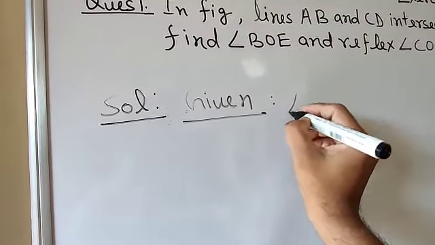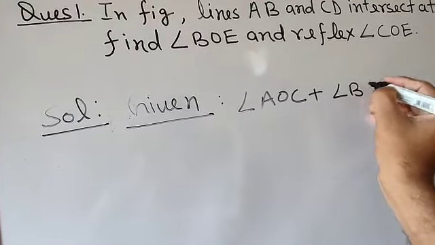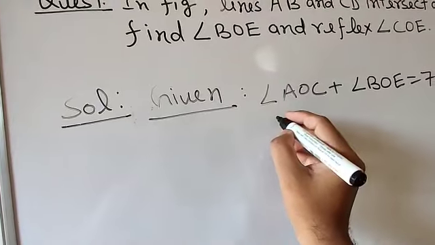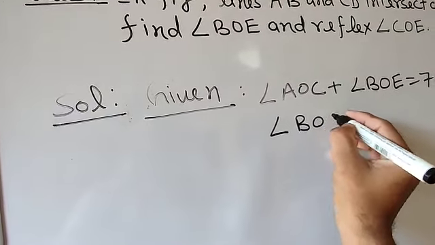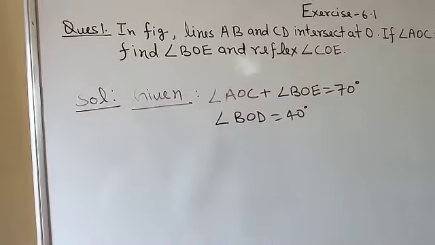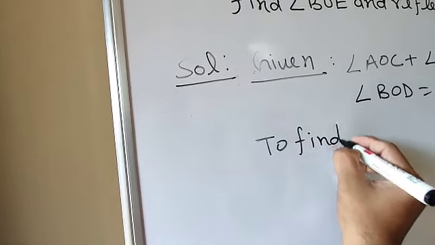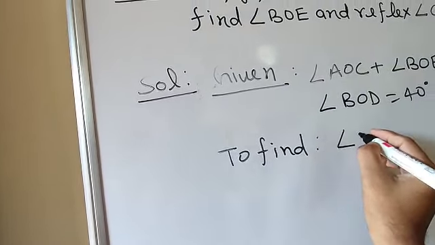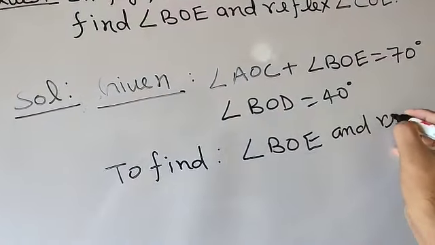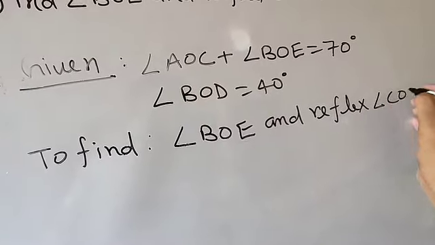Like in the question you are given that angle AOC plus angle BOE equals 70 degrees, and one more thing is given, angle BOD equals 40 degrees. So these two values are given in the question. And then what are you going to find? You are going to find angle BOE and the reflex of angle COE.